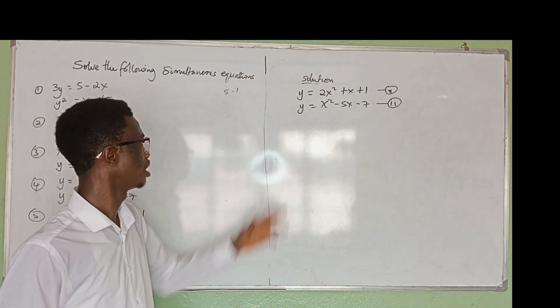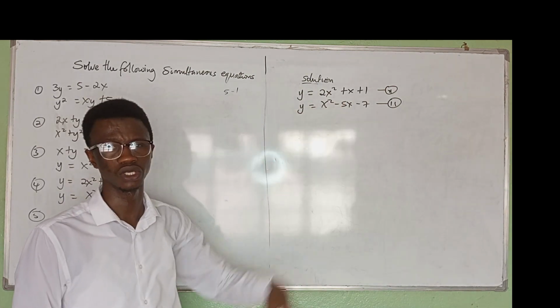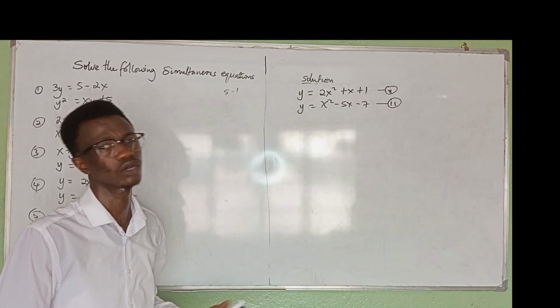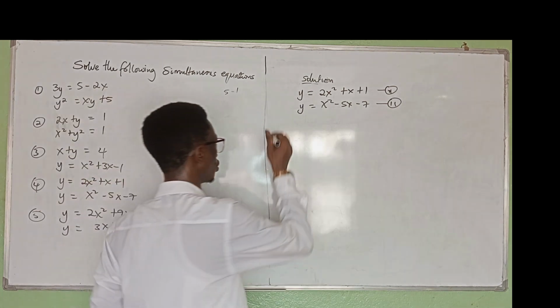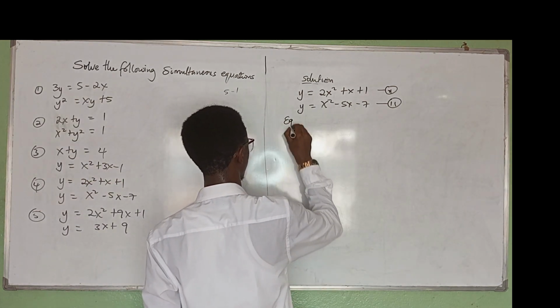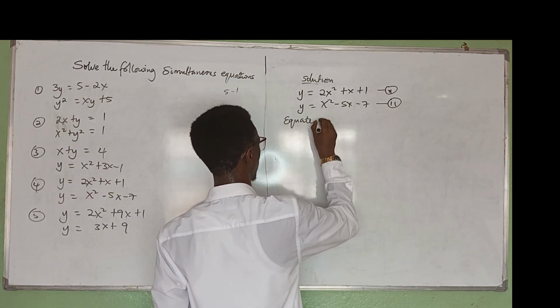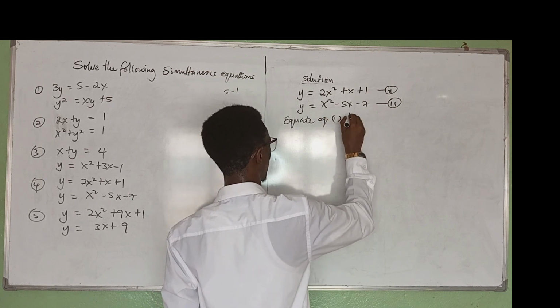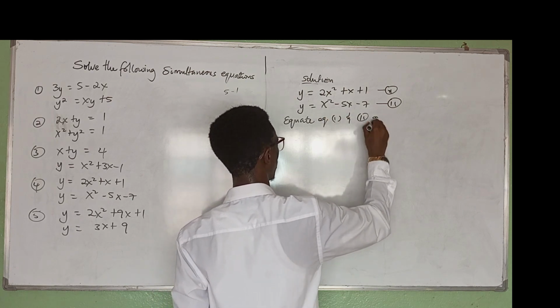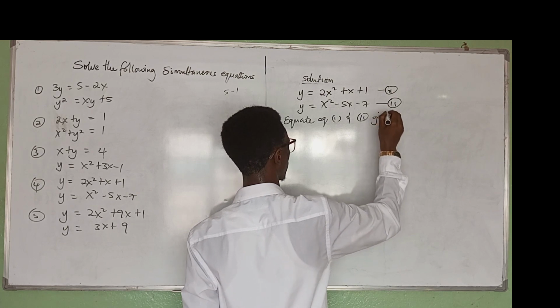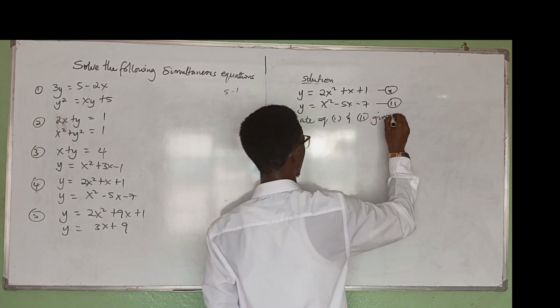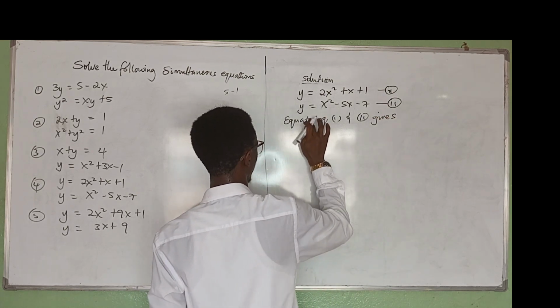So if y is equal to this and y again equals this, all you need to do is equate equation 1 and equation 2.